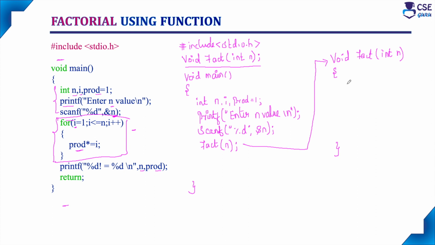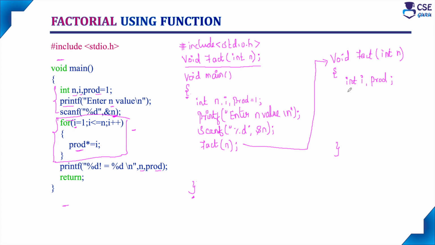Whatever variables we want to use within the user-defined function, we have to declare here. So int i, since i is the variable used within the for loop, and product is the variable to store the result. So we have done a local declaration.